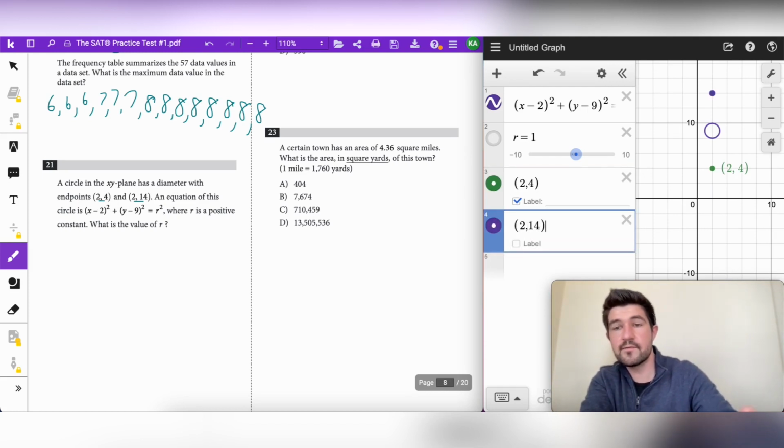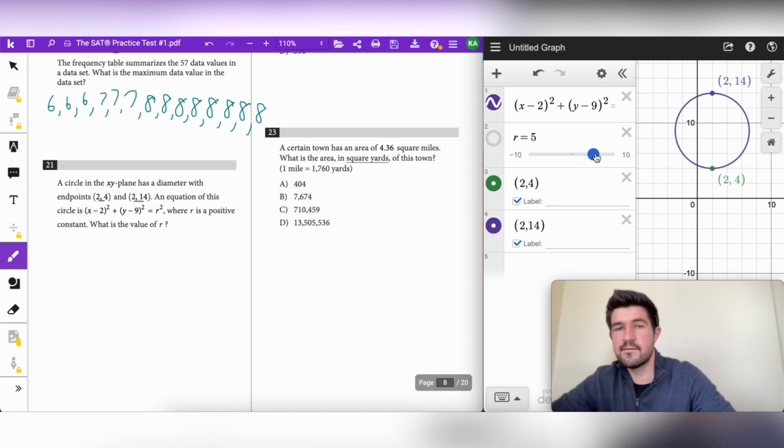And all we need to look for now is a circle. When we move this r, look what happens. If I drag this r value, the circle changes. So I want to pick the r value that makes that circle be on those points, if that makes sense. What r value would do that? And you could see that it would be 5.